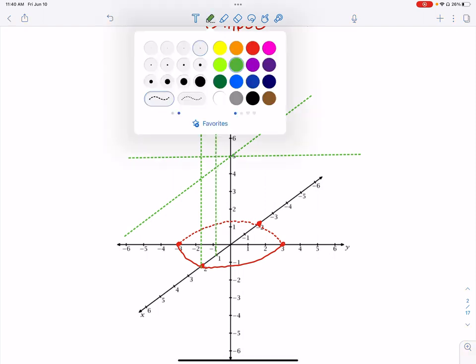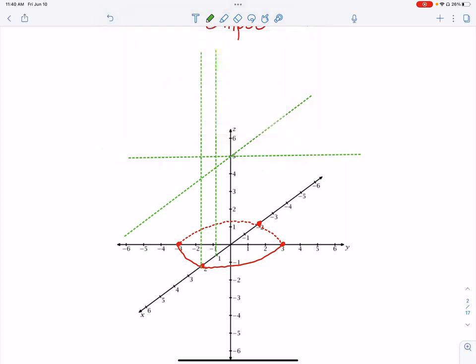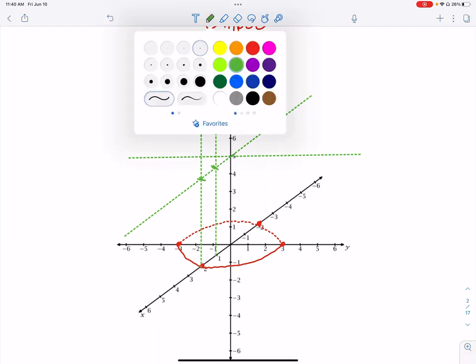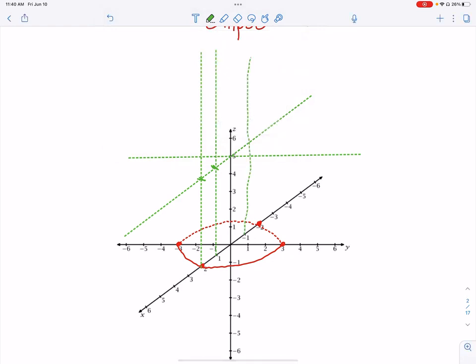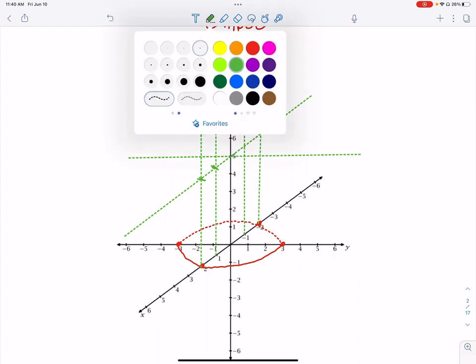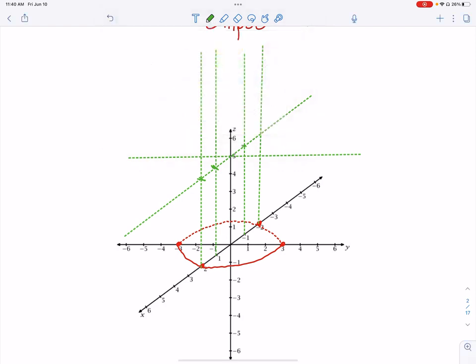All right, so I'm going to mark these. And then I'll erase those green lines. All right, so I'm just making my tick marks here for the x-axis. There we go. So I'm going to erase these green lines now.